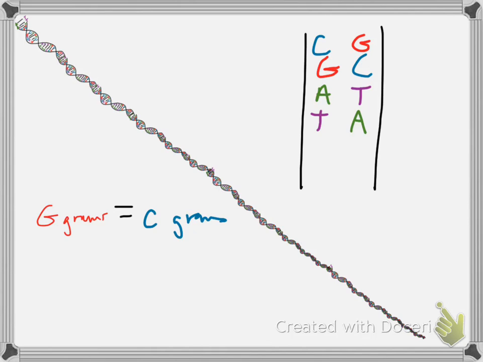And guess what was true about adenine and thymine? Same thing. Same mass. Whatever your mass of thymine was, it was always the same as your mass of adenine. So they figured out this base pairing rule based on that.